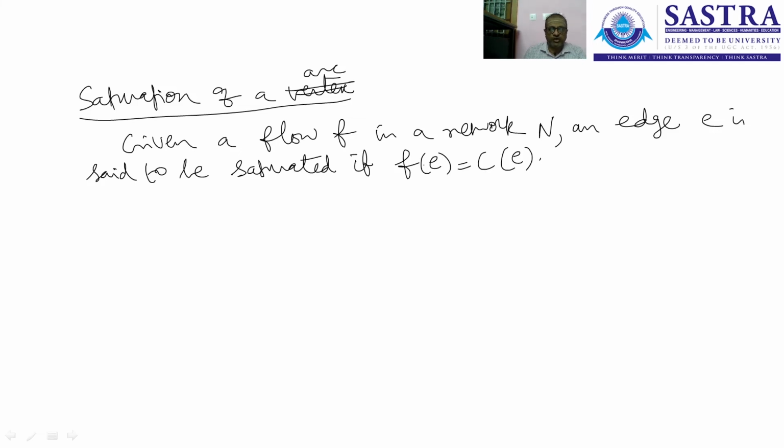That is the flow that you consider, and C is the capacity of the edge.